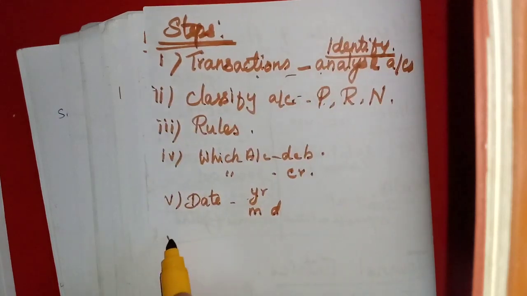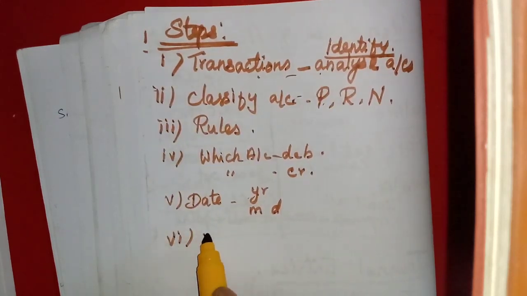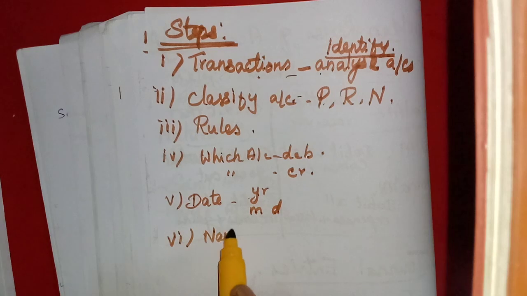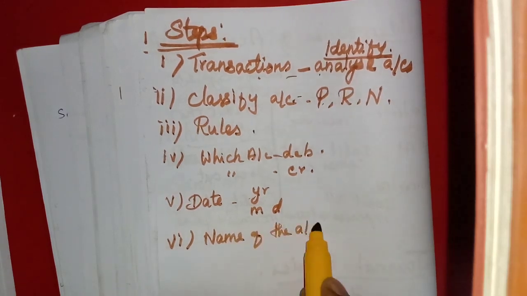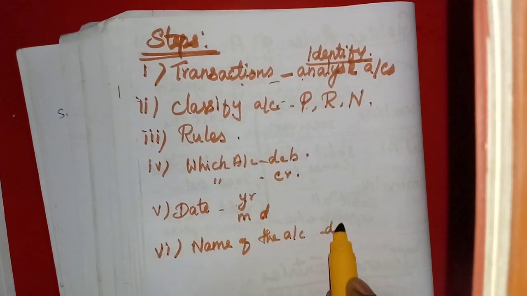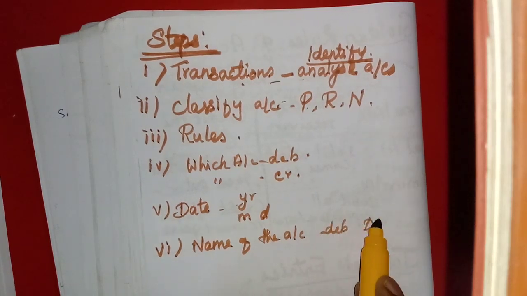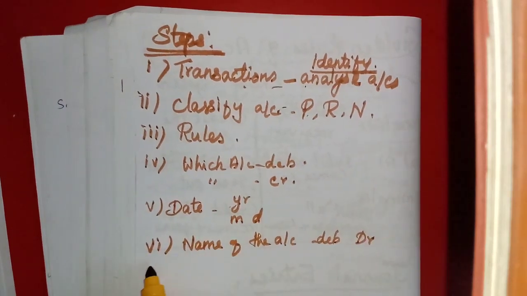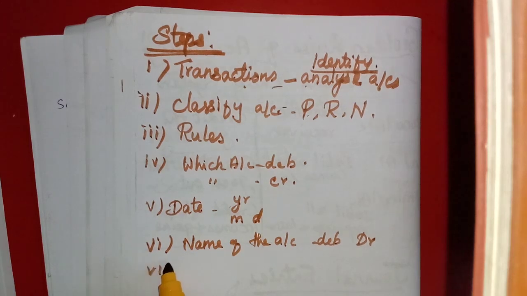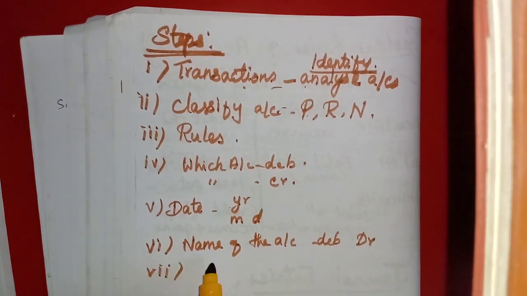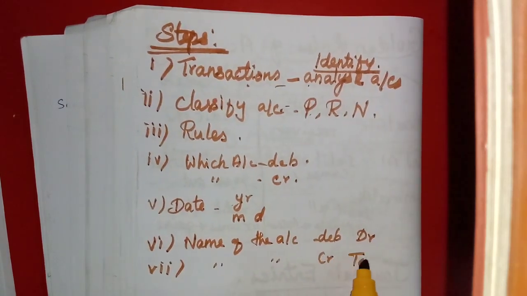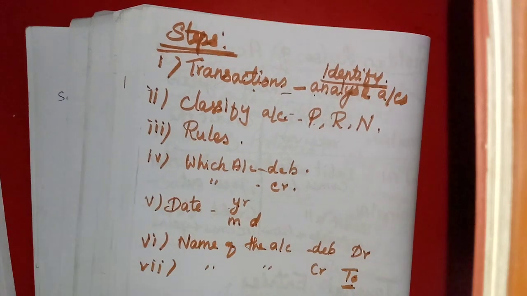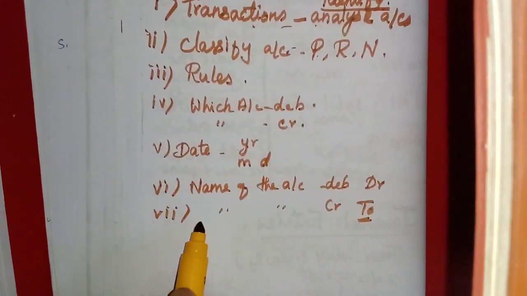Then next step, we have to enter the name of the account that must be debited in the particulars column, and at the end we have to write Dr. Seventh one, which account should be credited, and it should start with the word To. That is the seventh step.